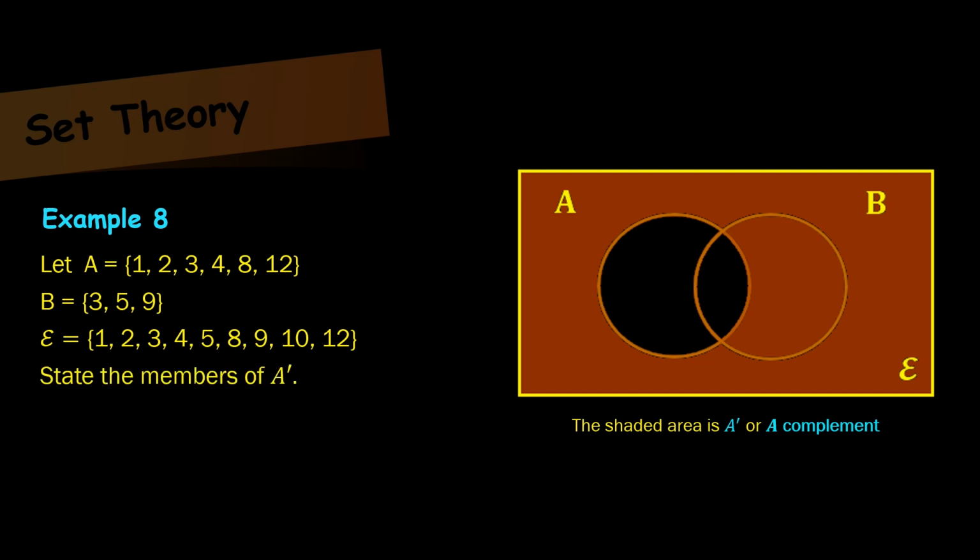We are required to state the members of A dash. Here we have that A dash equals 5, 9 and 10. The numbers in red highlight the numbers in A. So the numbers which remain in the universal set are those which are in A dash.